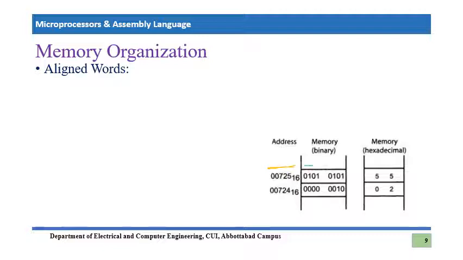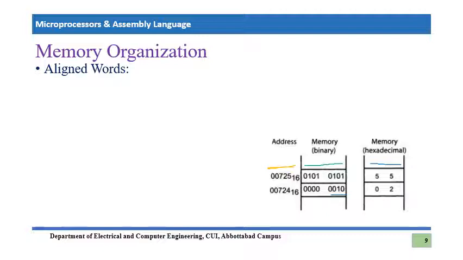This area is information stored inside the memory, and this area is again information stored inside the memory but in hexadecimal. One can clearly see that 0101 means 5 in hexadecimal, similarly 0000 is 0 in hexadecimal, and 0010 is 2 in hexadecimal.